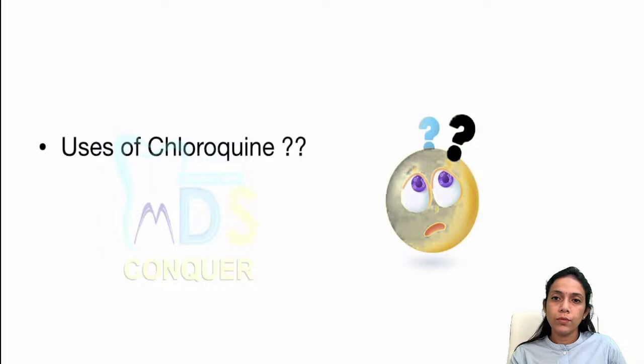So uses of chloroquine. I'm waiting for your answers. Yes, it's an anti-malarial drug, but there is a mnemonic to remember all the other uses of chloroquine given in your PP books.